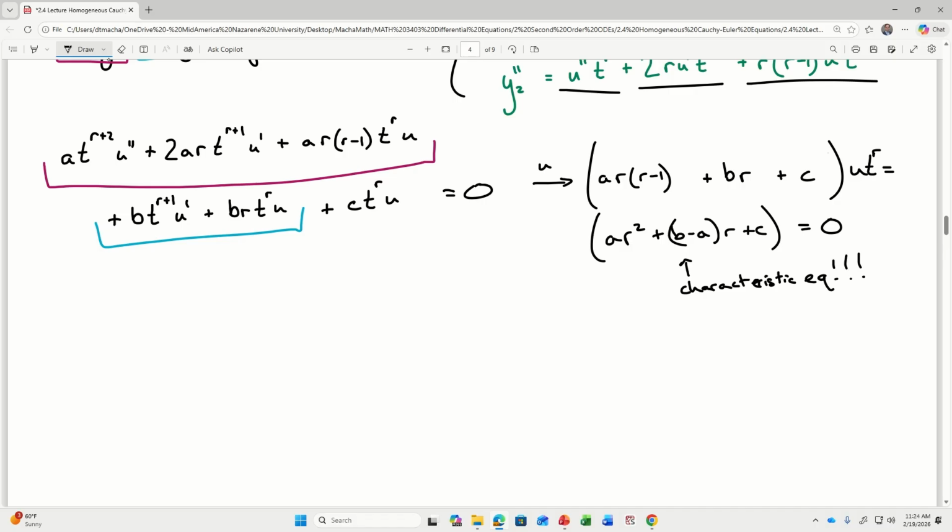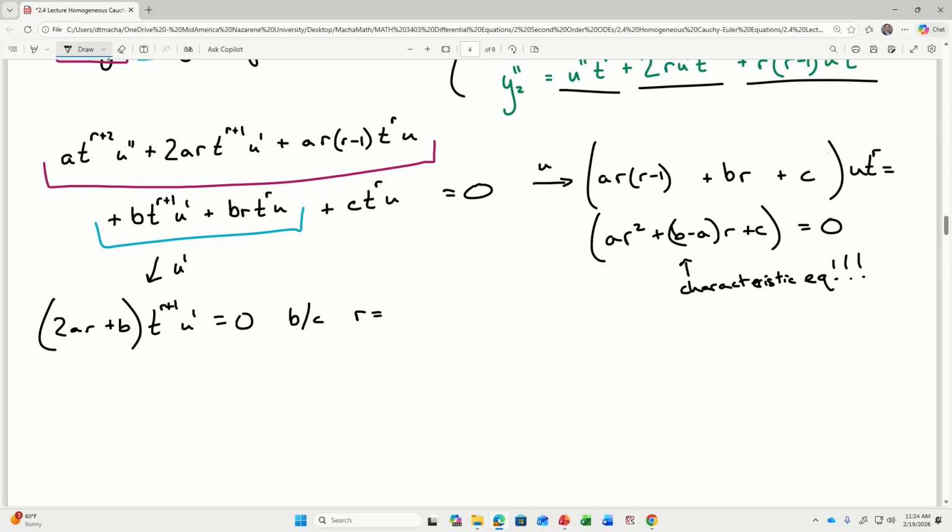And then what if we take this and we make just the u prime terms? The u primes together would give me 2ar t to the r plus 1 plus b t to the r plus 1 u prime. And this is going to be equal to 0 because r is equal to... oops, did I forget something?